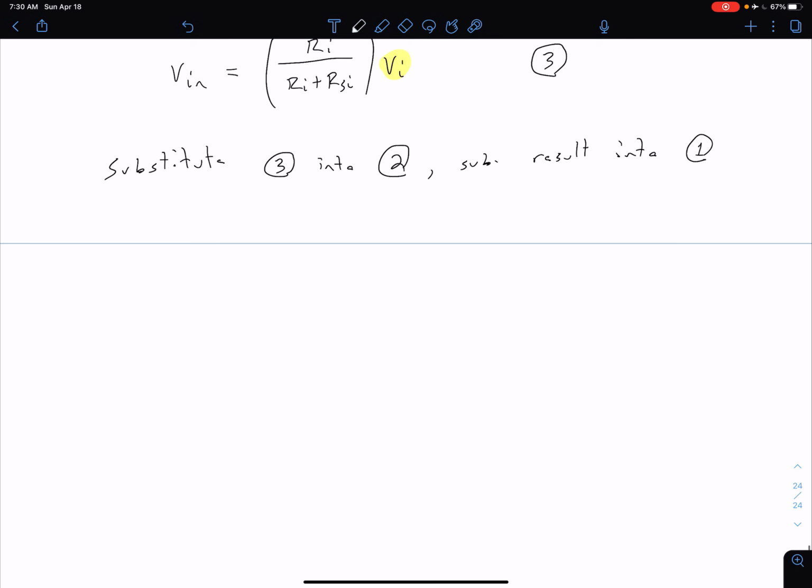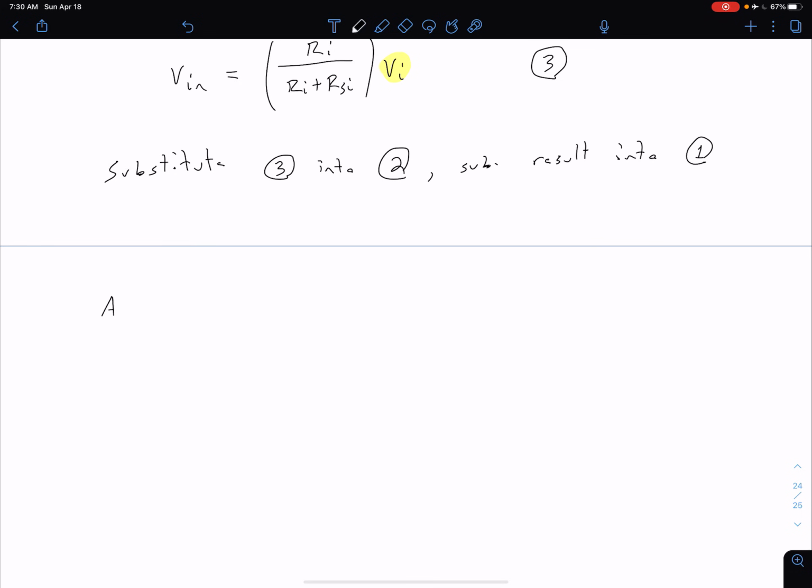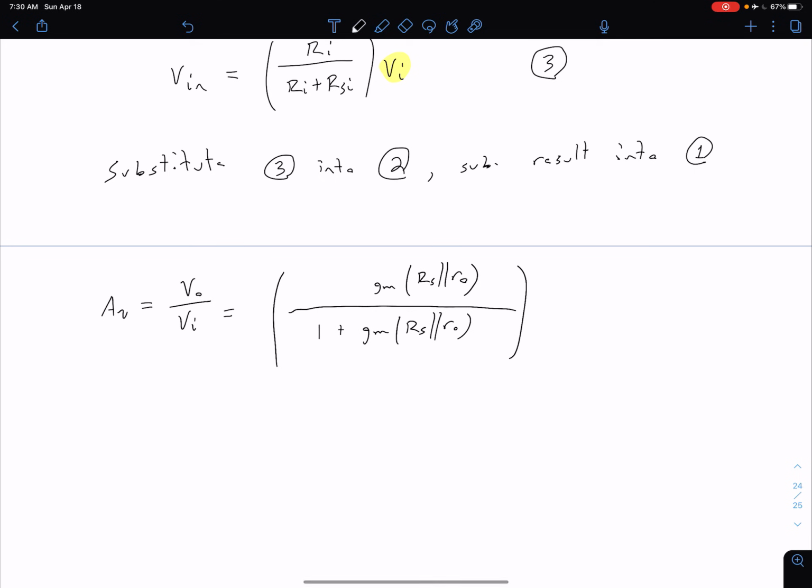And so glossing over the algebra and the processes behind that, what we get is our A_V is of course going to be equal to V_out over V_I, and that's going to be equal to g_m times R_S in parallel with r_o, and in the denominator 1 plus g_m times R_S in parallel with r_o, and that is going to be multiplied by that voltage divider ratio, so R_i divided by R_i plus R_SI.